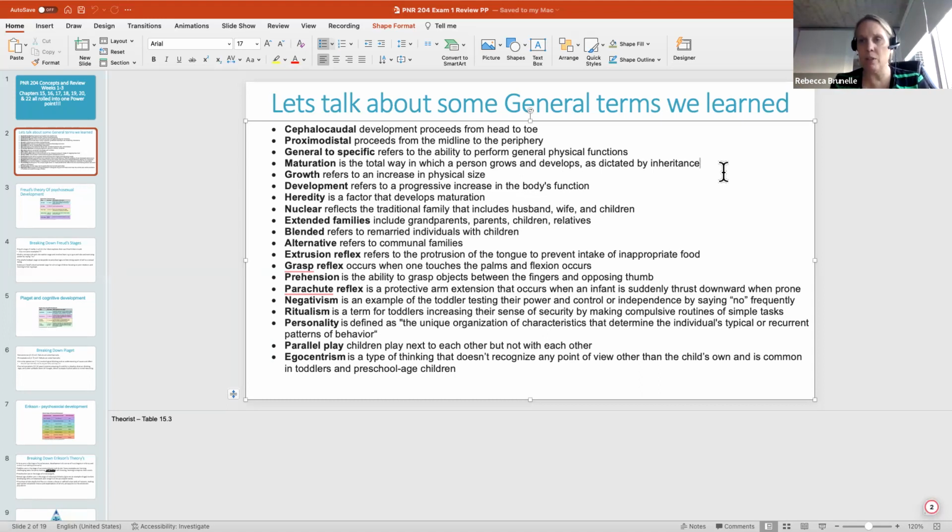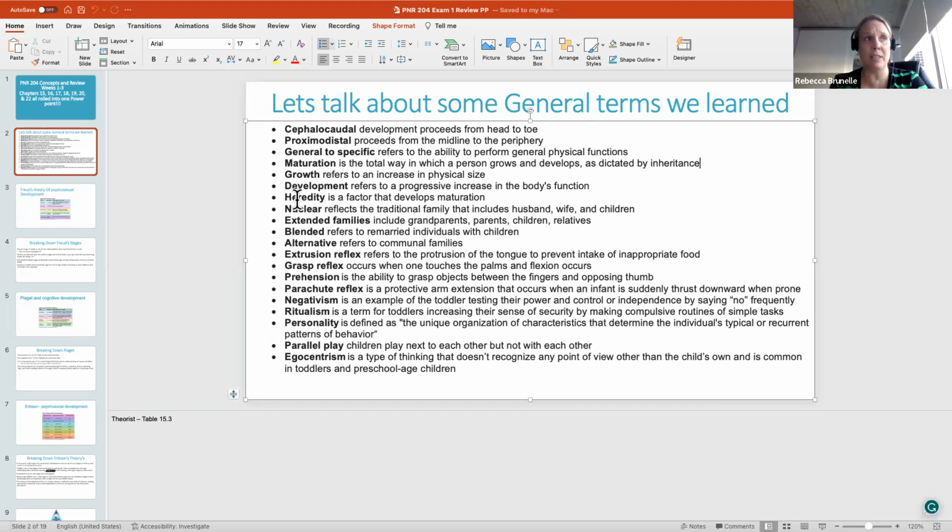When we talk about inheritance, we're talking about ethnicity, like Japanese people are going to be smaller than European people, or something like that. Your ethnicity and your personality from your parents are somewhat dictated by inheritance. There are a lot of things that go into what you inherit that develops maturation, whereas growth is just a change in your physical size. So really being able to differentiate between growth, which is just getting bigger, and maturation, which is how you grow and develop, with a huge piece dictated by inheritance.